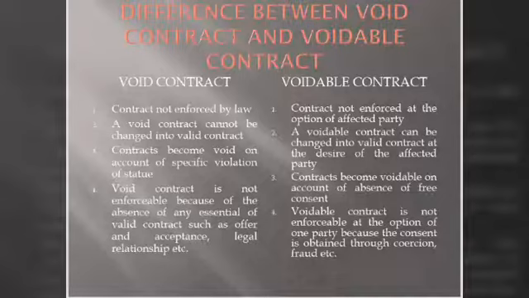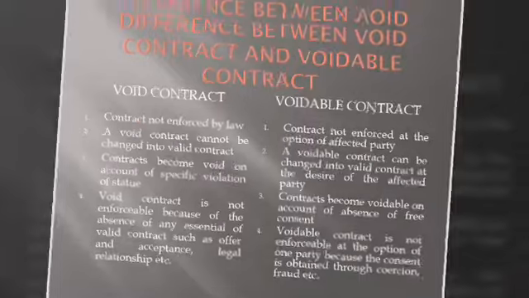Whereas a voidable contract is not enforceable at the option of one party because the consent is obtained through coercion, fraud, etc. That is, the consent is not free. Free means if the consent is obtained through force, then it is called a voidable contract. This is regarding the differences between void contract and voidable contract.